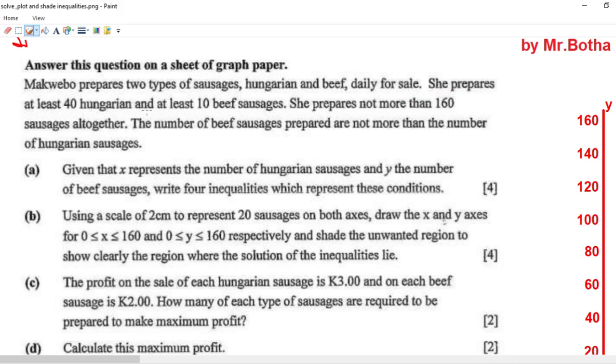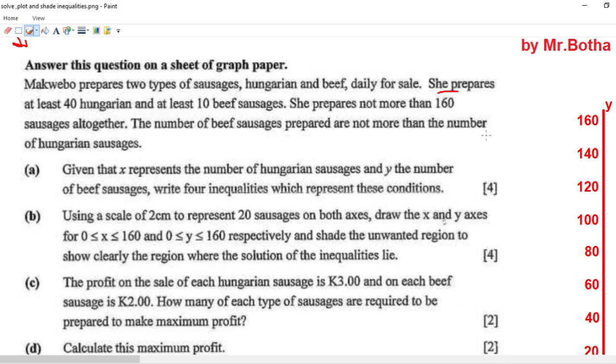Now she prepares sausages. She prepares at least 40 Hungarian and at least 10 beef sausages. She prepares not more than 160 sausages altogether. The number of beef sausages prepared is not more than the number of Hungarian sausages.